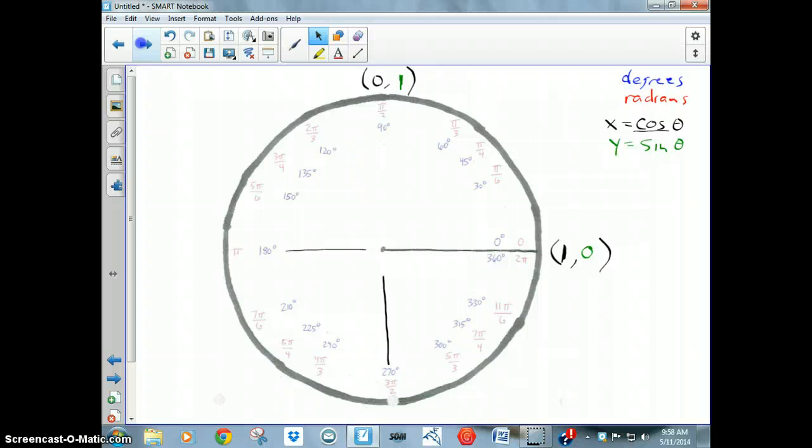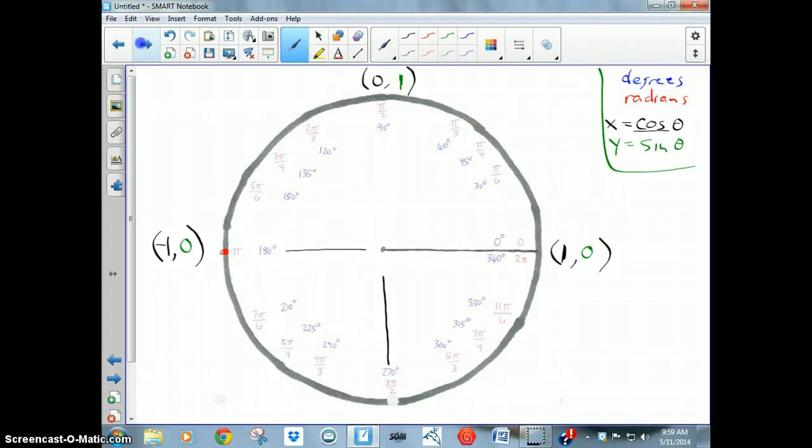Now, following the same pattern, let's say point P is over here at 180 degrees. Obviously, this coordinate is negative 1 for the cosine of 180, and it'd be 0 for the sine of 180. Again, my color coding matches my key up here in the upper right corner.